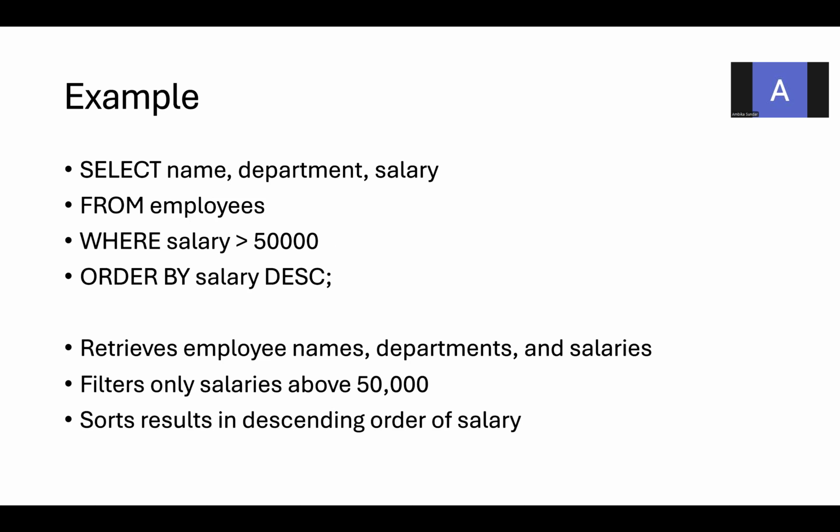Descending order means bigger numbers to smaller numbers. So this statement retrieves the employee name, department and salary, filters only the salaries above 50,000, and sorts the results in descending order. This is how the SELECT statement works.